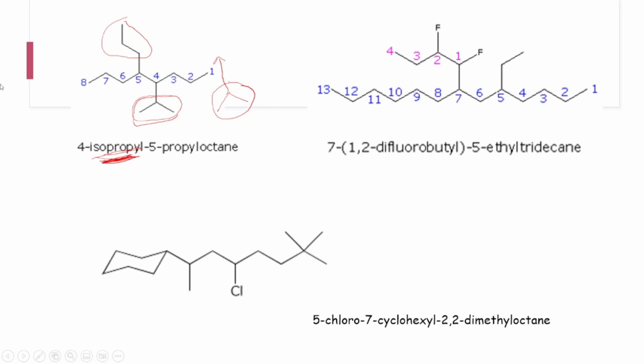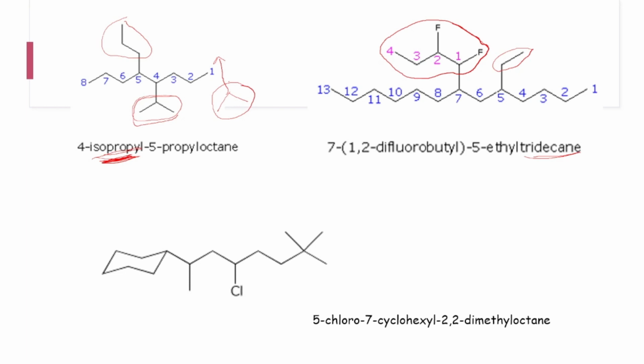Okay, if we have a compound like that, here the longest chain is 13 carbons, so this is called tridecane. About the substitutions, we have ethyl, and we have another substitution here. This substitution can't be described by one word. I can't say methyl, propyl, ethyl, or even secondary or tertiary.